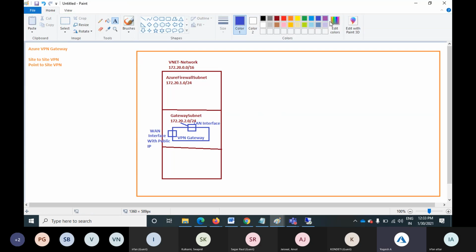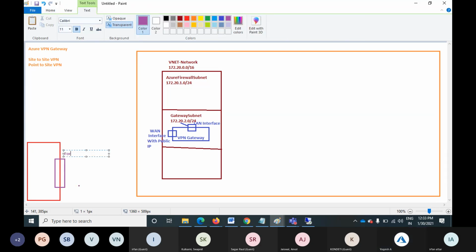Okay, so I have a physical data center as well. This is my on-premises data center, and in the on-premises data center again we are using a firewall. You can have any firewall, like FortiGate, Cisco ASA.